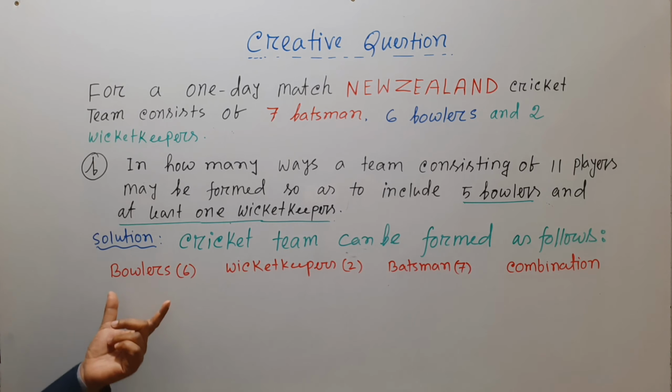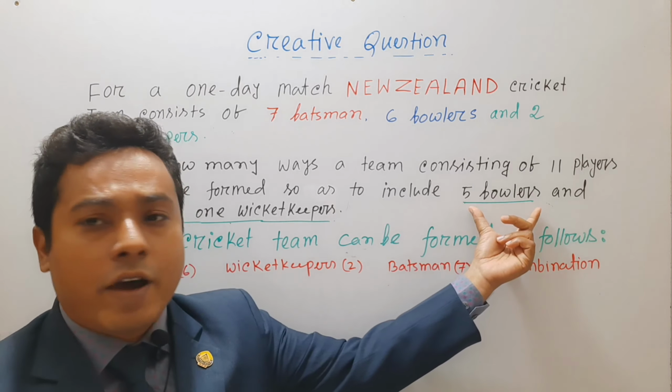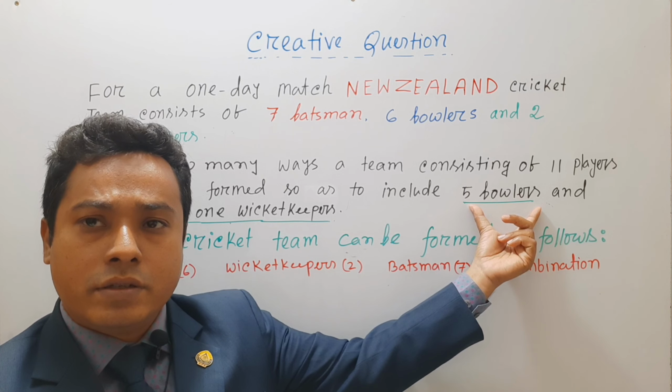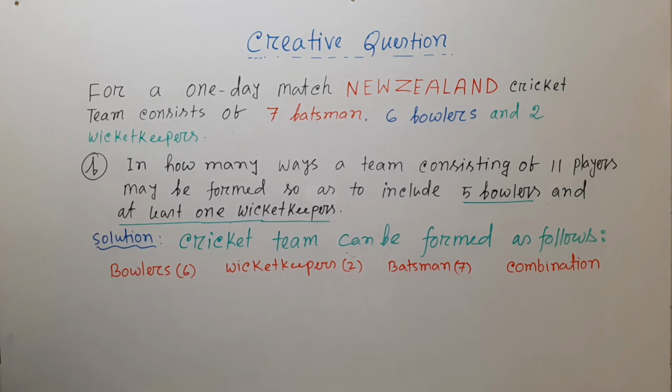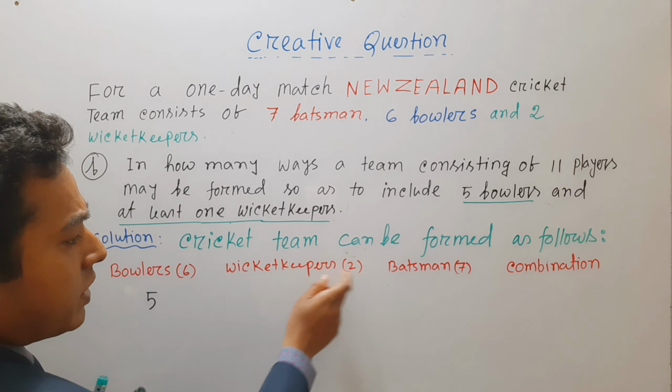And in how many ways can we choose? First, bowlers: always 5 bowlers will be included. So taking 5 bowlers from 6 bowlers and at least 1 wicket keeper. Here total wicket keepers is 2.